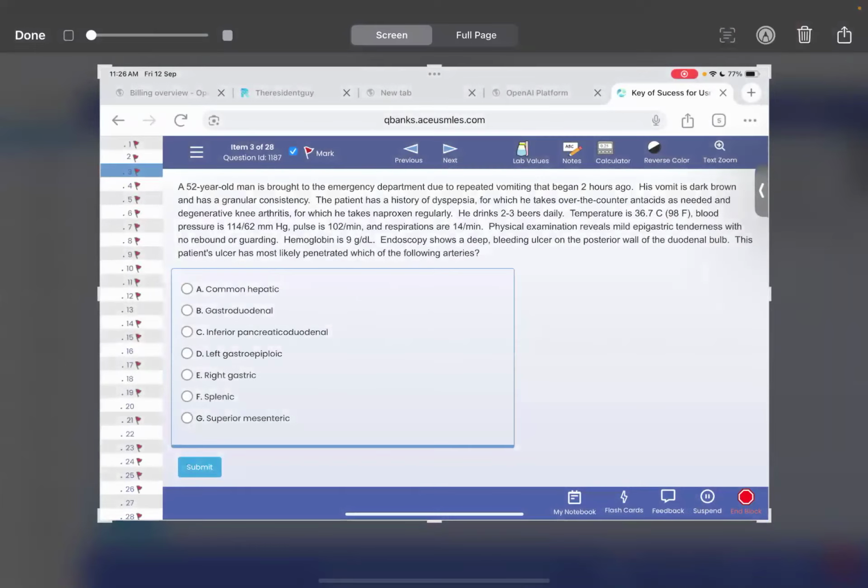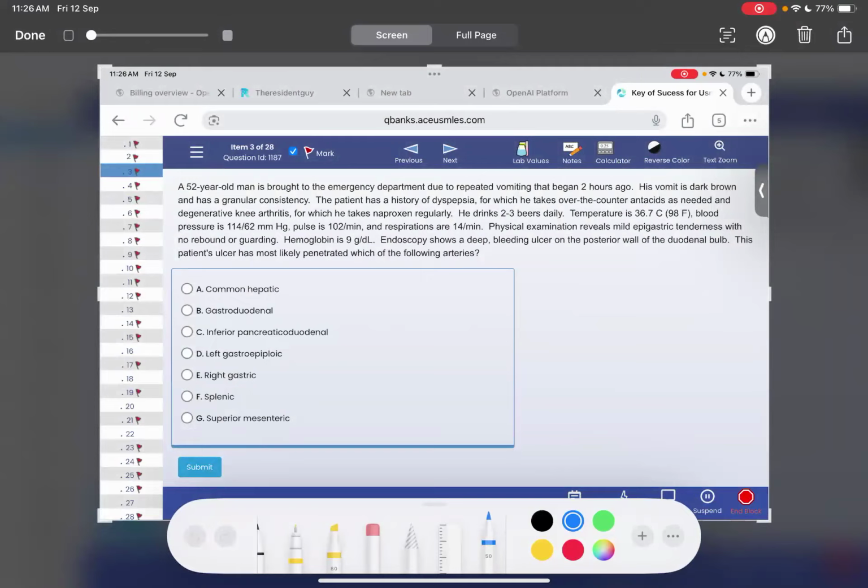Basically, this is a bleeding ulcer on the posterior wall of the duodenal bulb, and the patient has a penetration of which of the following arteries. So now let's discuss what is going on and which artery is going over here.